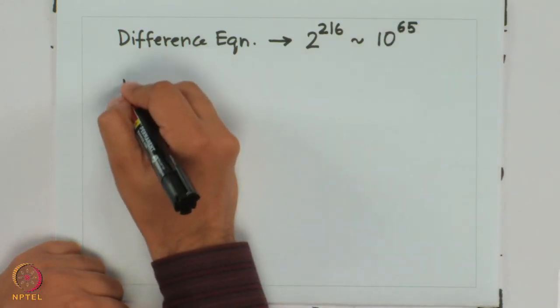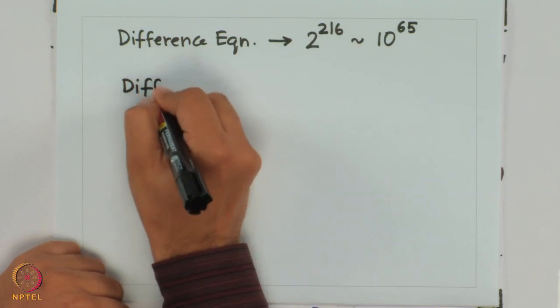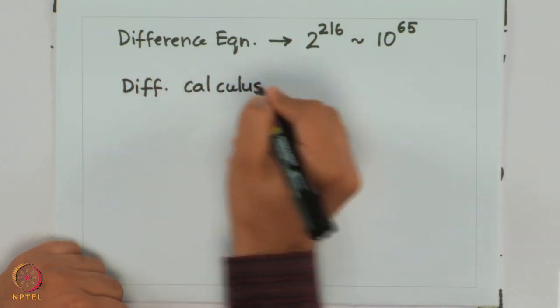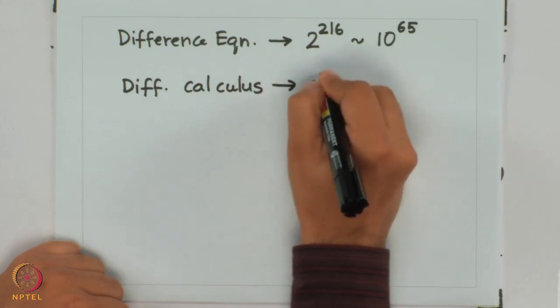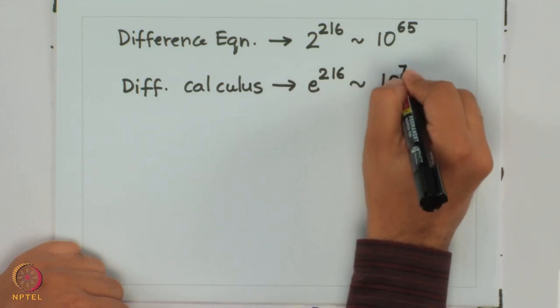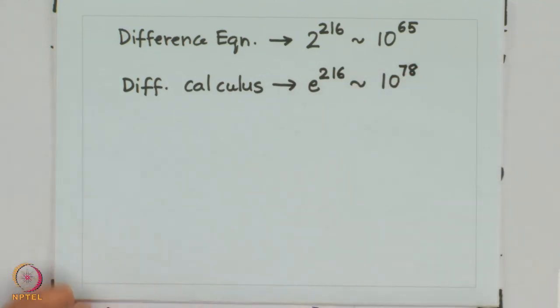And the answer that we got from differential calculus was e to the power 216, which is roughly equal to 10 to the power 78. Now we want to get a sense of how big or how small these numbers are when looked at in an absolute sense. So let's try and estimate how much 10 to the power 65 E. coli cells weigh.